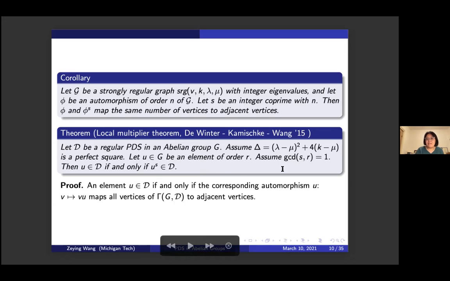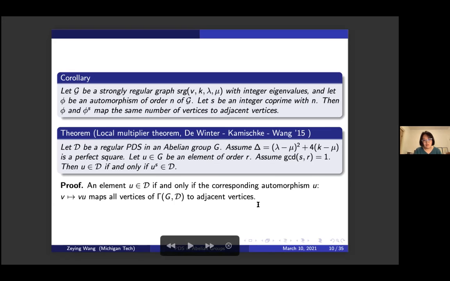So you probably see that condition looks the same as in the corollary, co-prime with the order, and it easily follows from the corollary. That's because whenever you have an element from D, you can easily define a corresponding automorphism. So here I should just say vertices, because you can always get a Cayley graph based on the partial difference set, right? And so you map the vertices v to vu, and so you have the automorphism u.